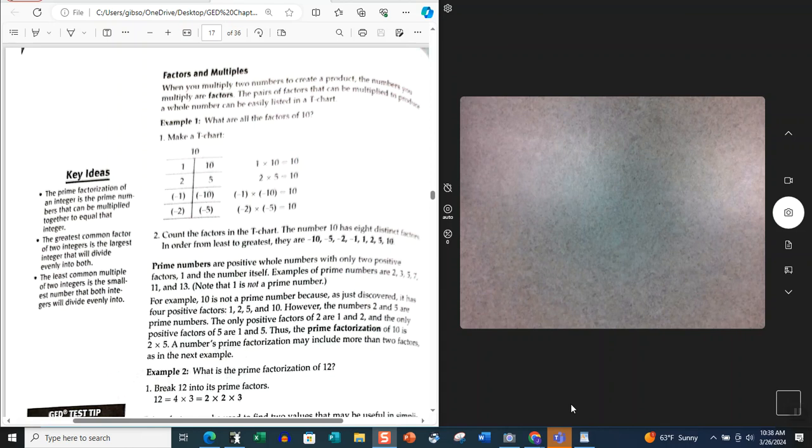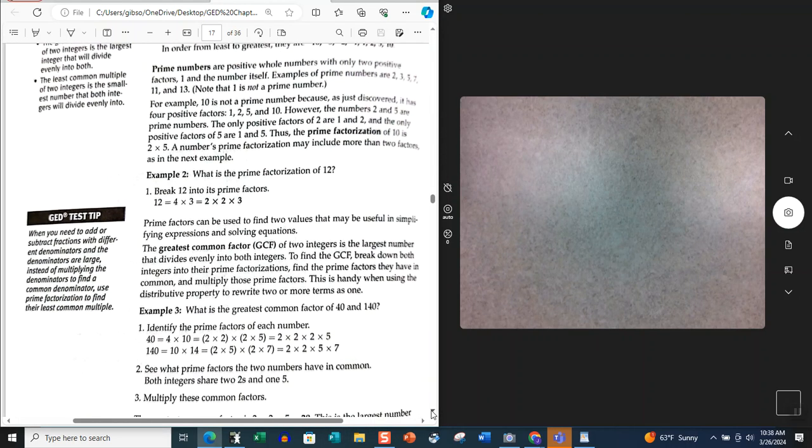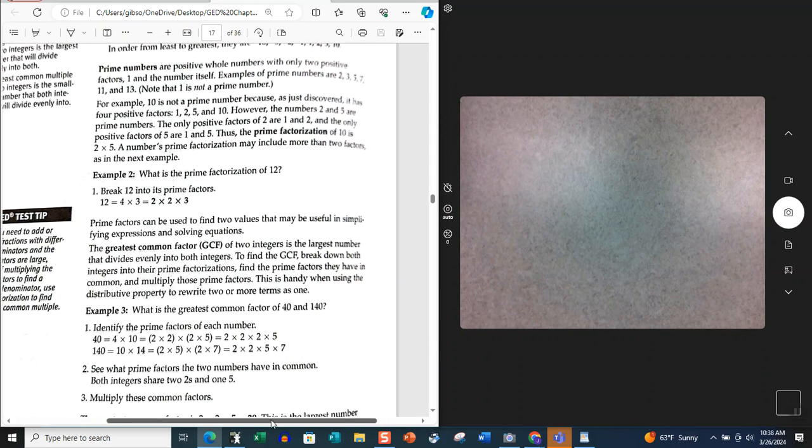So 2 is the lowest and also the only even prime number. So if you come across anything you're doing with prime numbers and you end up with an even number that's not 2, then that lets you know that that number is not prime. And if you think that any number below 2 is a prime number, that is incorrect as well.